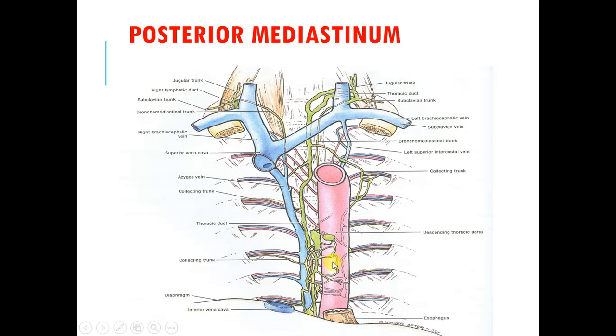Here all the structures have been removed. This is the descending thoracic aorta.